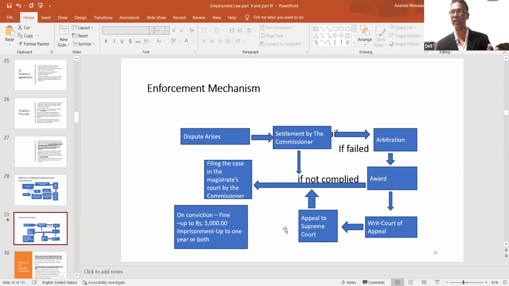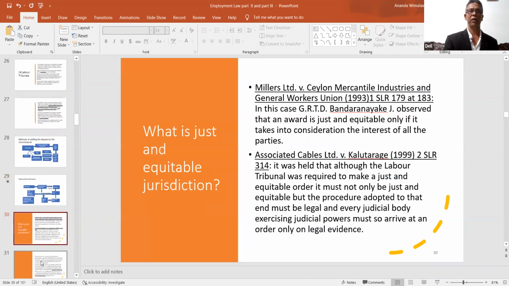So this is the procedure, ladies and gentlemen. Now, I have to stop right now. We will start from slide number 30 from next day onward.